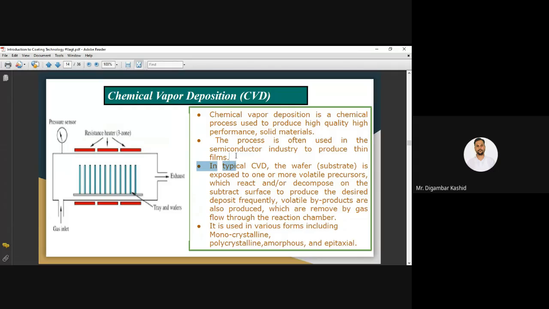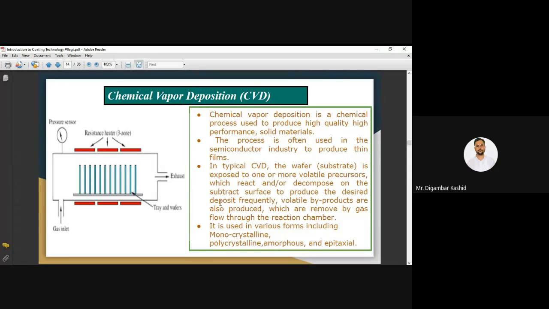Now, typically in this CVD, the substrate, or the wafer, is exposed to one or more volatile precursors, which react or decompose on the substrate surface to produce the desired deposit.